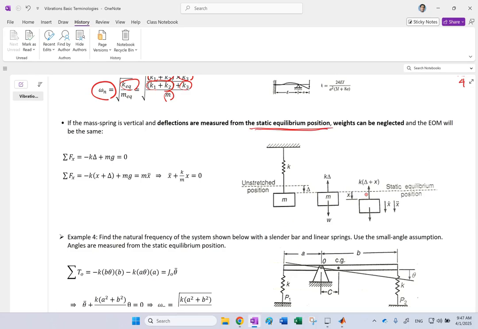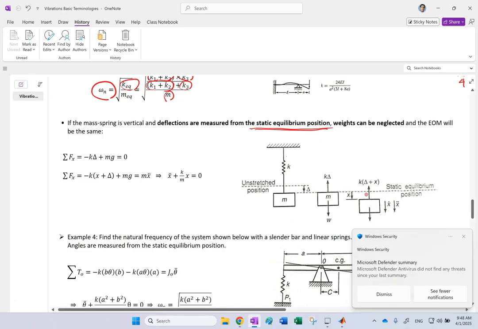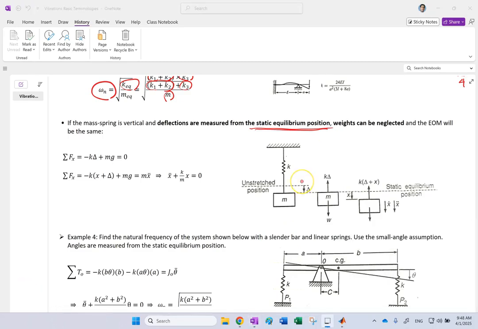So what you do is, first you hang the mass from the spring, from the wall or wherever, and you let it come to static equilibrium. What happens? mg on one side tries to bring down the mass, on the other side the spring force is trying to counteract that, but initially the spring force is 0, mg is not 0, so the mass comes down until mg and the spring force, which is equal to k times delta, where delta is the static deflection, become equal and the mass goes to static equilibrium.